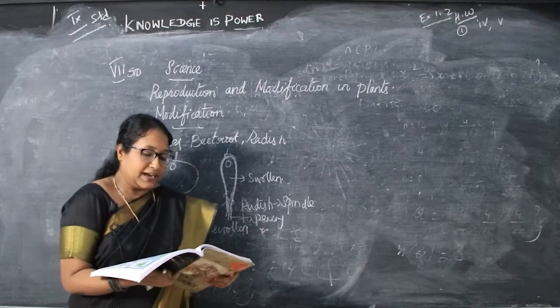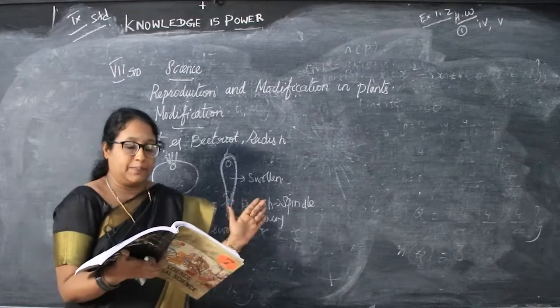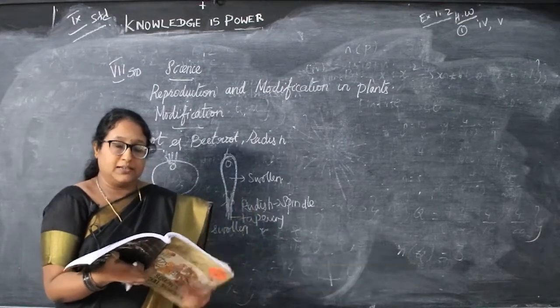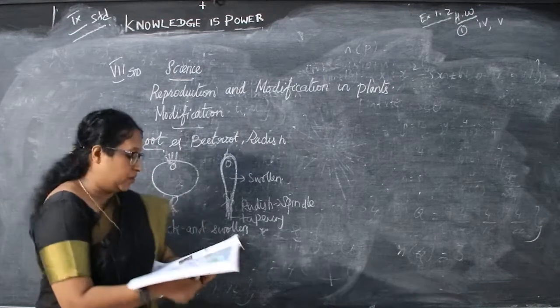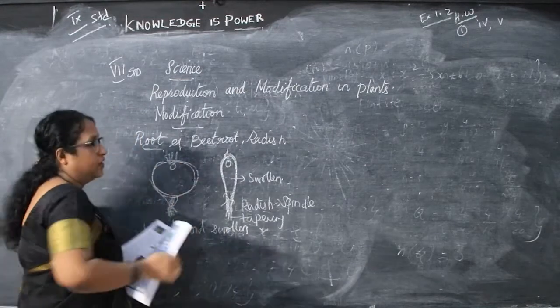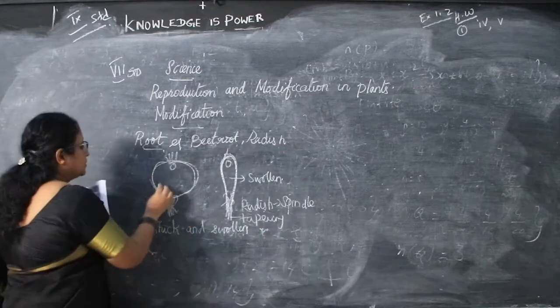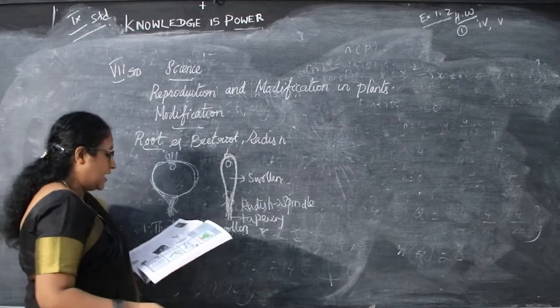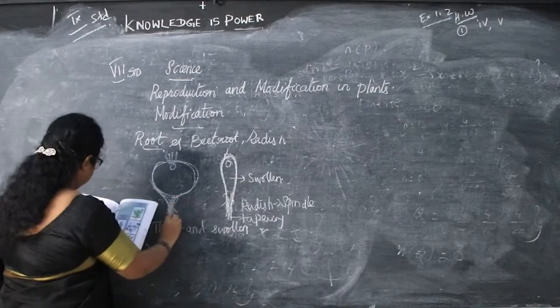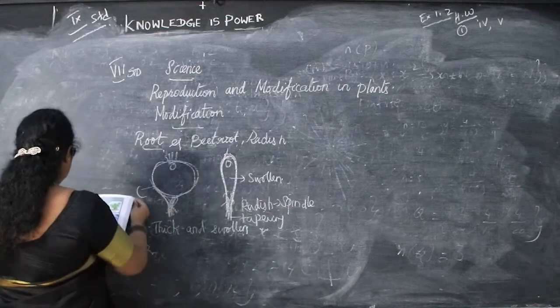Now in the case of beetroot, the taproot has the shape of a top. For example, there is a beetroot, it's a shape of a top. So it's a shape of a top that is spherical at the base and tapering shortly towards the apex.